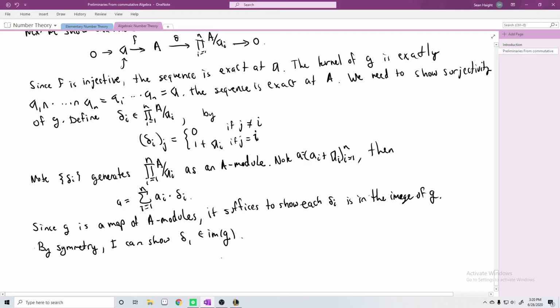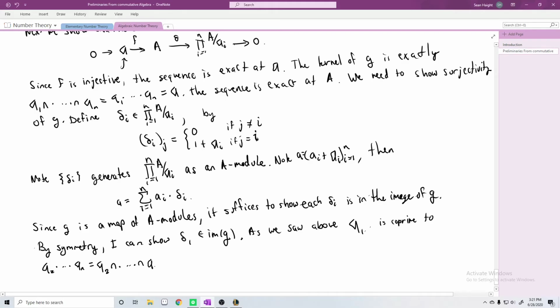Okay. And to do this, we use something we observed earlier. As we saw before, if I take one coprime ideal from above, this will be coprime to the product of the other ideals, A2 through AN, which is also the intersection.